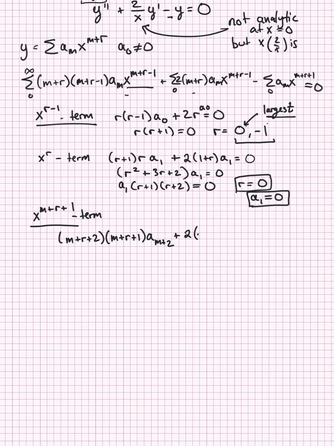The second one is 2 times m plus r plus 2, a_(m+2), and then the last one is just minus a_m. Set this equal to 0. This isn't too terrible, since we can write this as a_(m+2) equal to a_m over m plus r plus 2, so I can pull that out, and then we have m plus r plus 3.